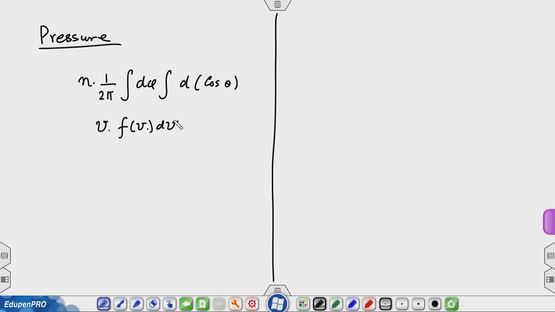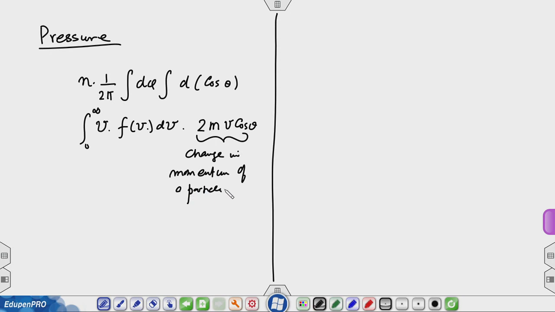That's the number of particles coming in. dv will be integrated from 0 to infinity. And then I have each molecule transferring 2 m v cosine theta momentum. This is the change in momentum of a particle striking that area A.